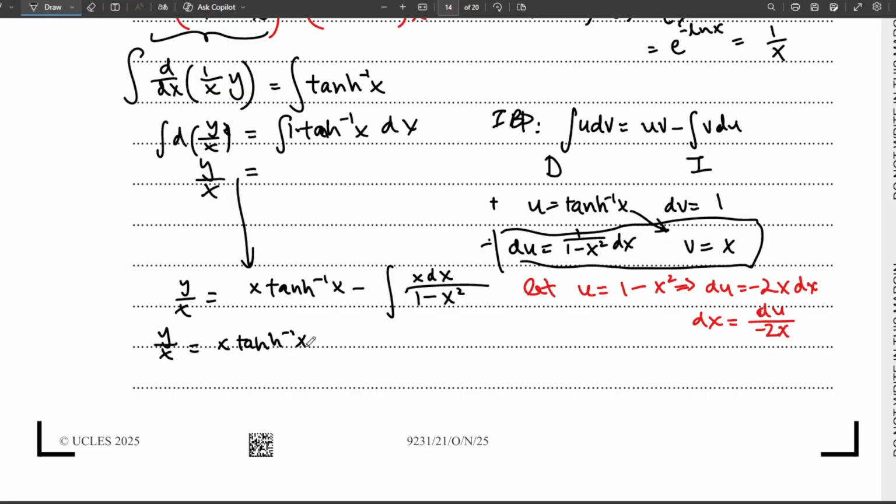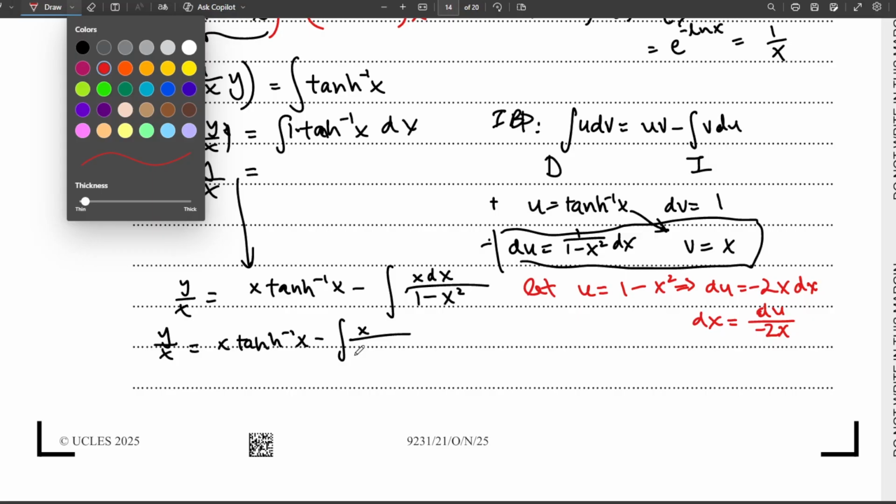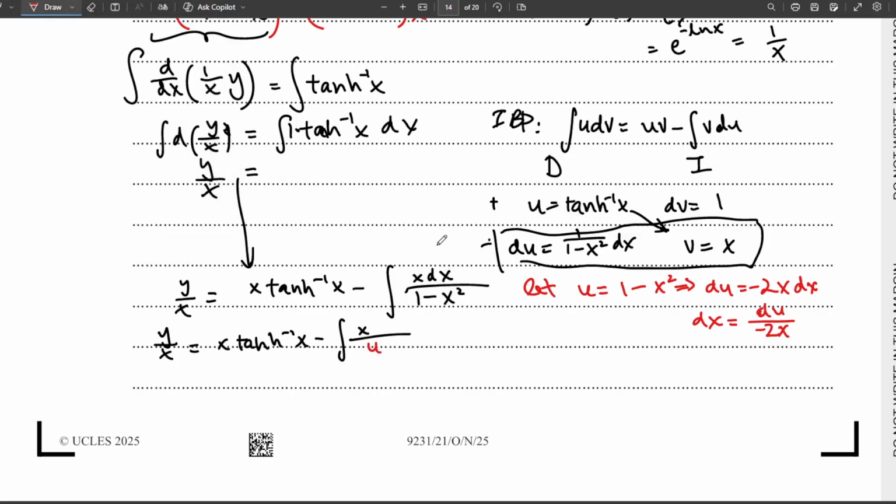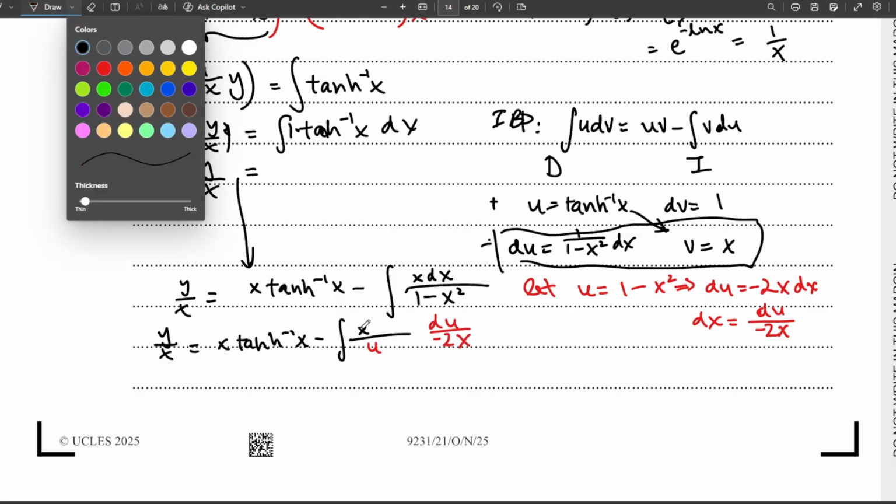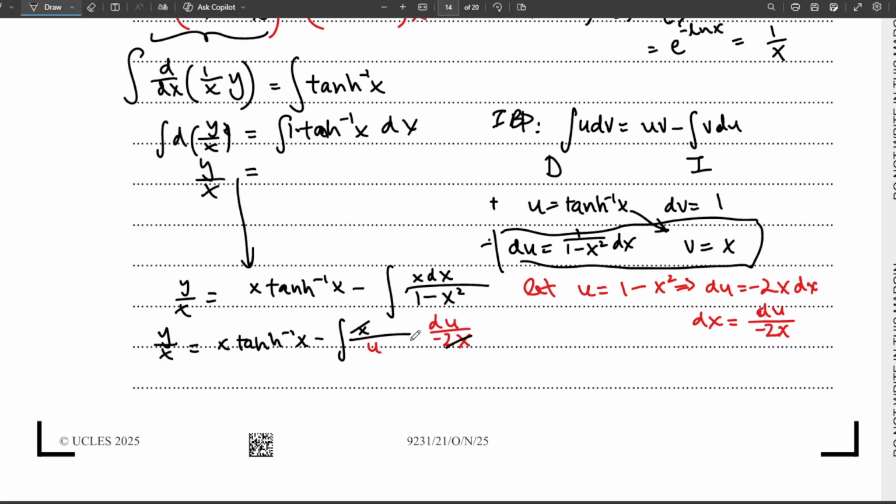Now I will copy down everything as before, but only the integral I will change. The x I remain the same, the one on the bottom, 1 minus x squared, we assign it as u, then dx we replace with du over negative 2x. So this x and x cancel, and the 1 over negative 2 we can take out of the integral because it's just a constant, and then the negative multiplied by negative 1 over 2 becomes 1 over 2.